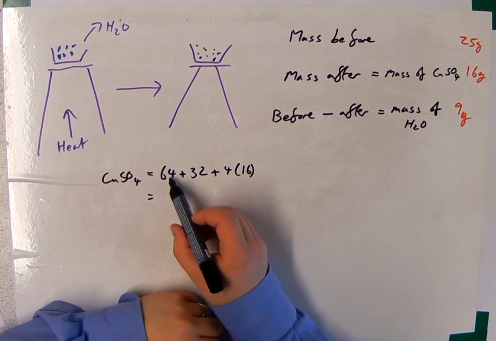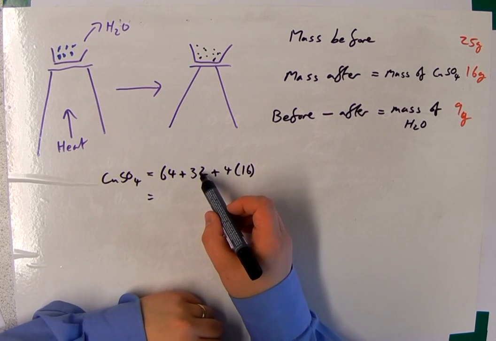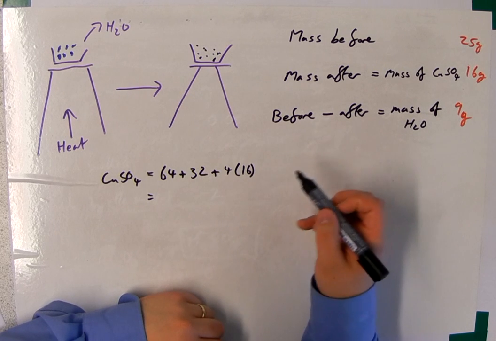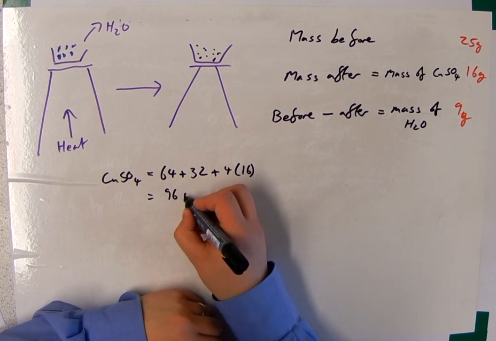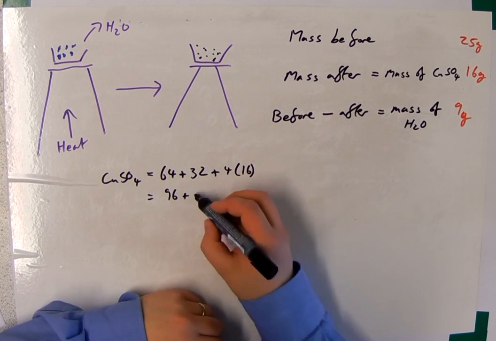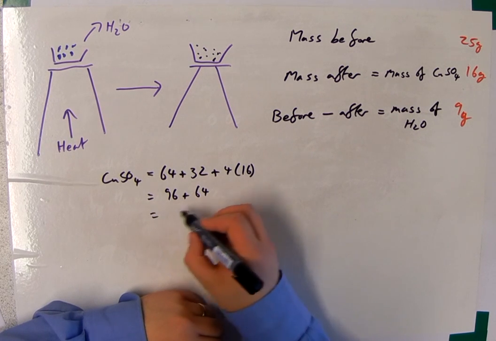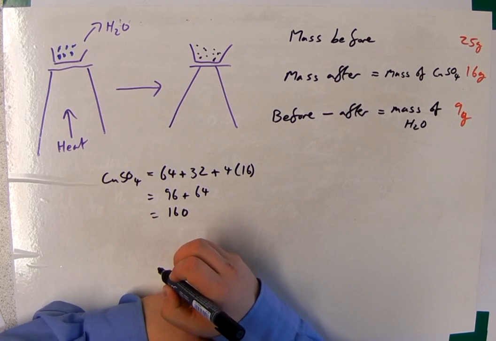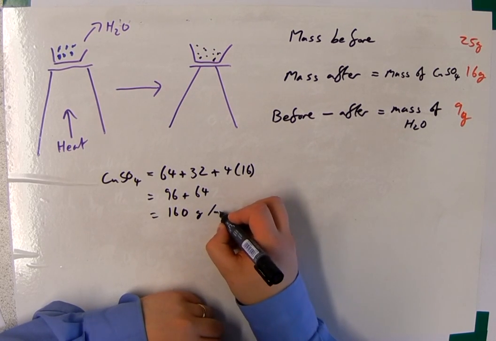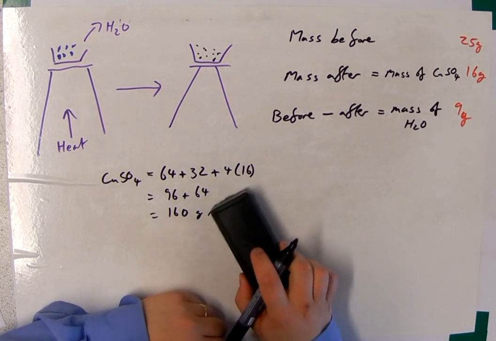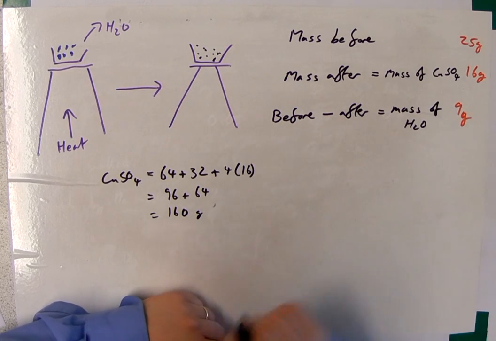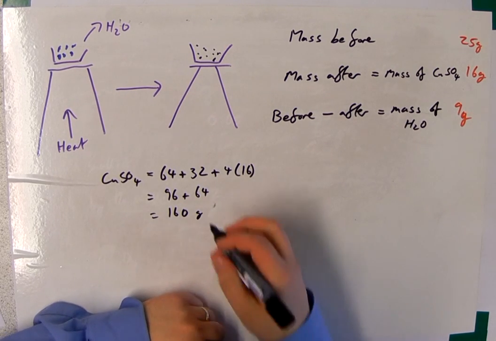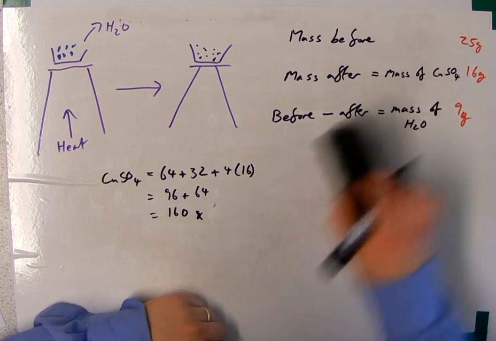So that is 64 plus 96 plus 64, which is going to be 160 grams per mole. No, just grams, not grams.